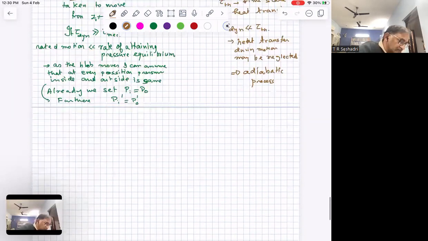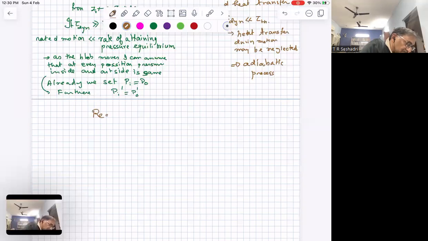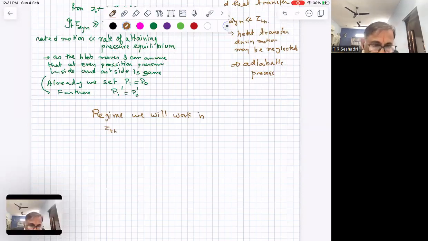The regime we will work in is tau thermal much greater than tau dynamical, so that heat transfer is neglected. However, the dynamical time is also much greater than tau mechanical, so that there is enough time for pressure equilibrium.